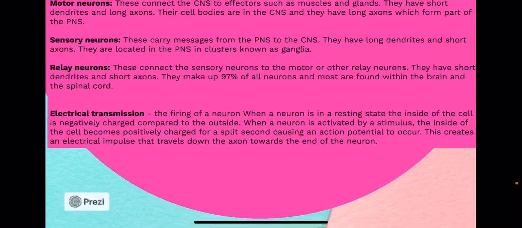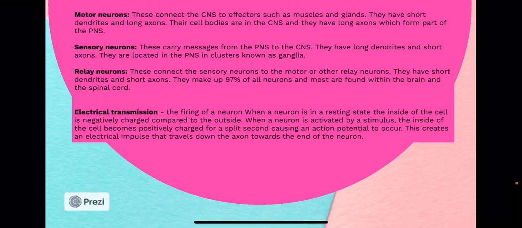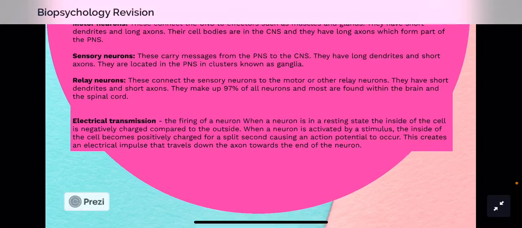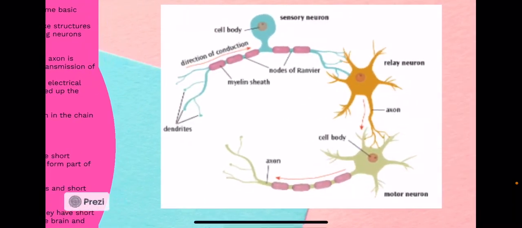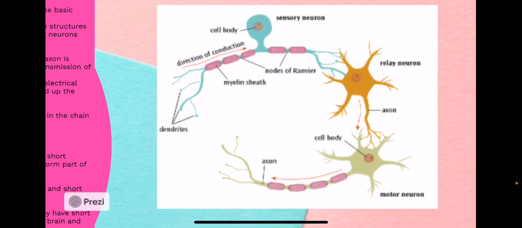So you've got quite a lot of information there. You need to be aware, so motor neurons connect to muscle cells, and sensory neurons connect to your sensory organs. So each of these work together, the sensory, relay and motor neurons, in a reflex arc.